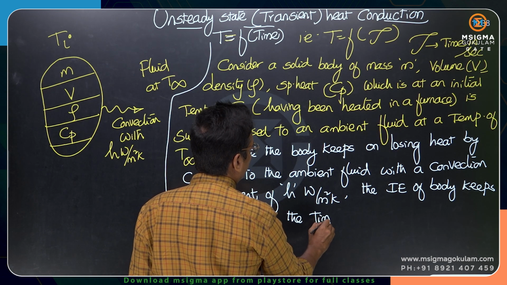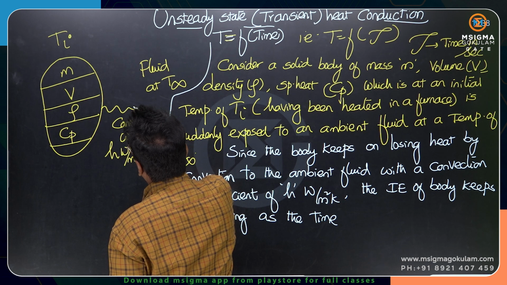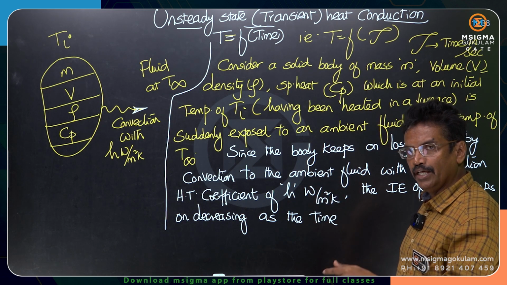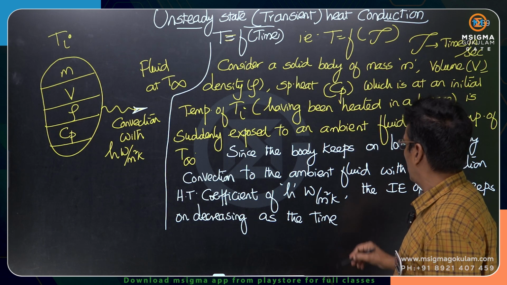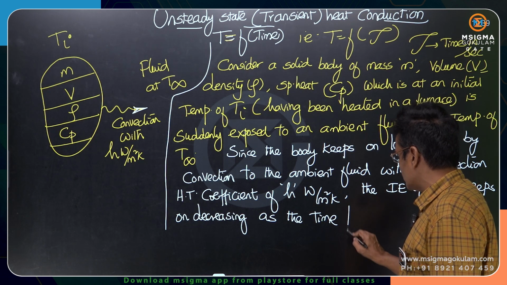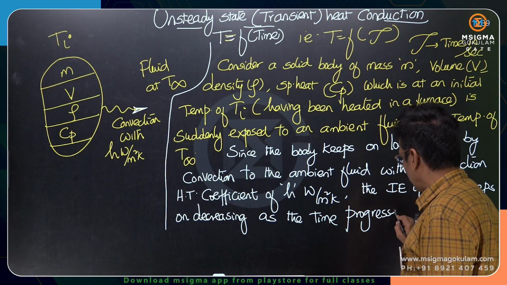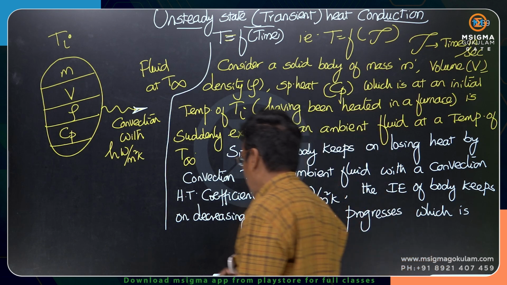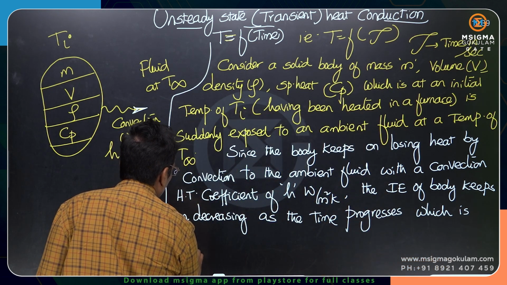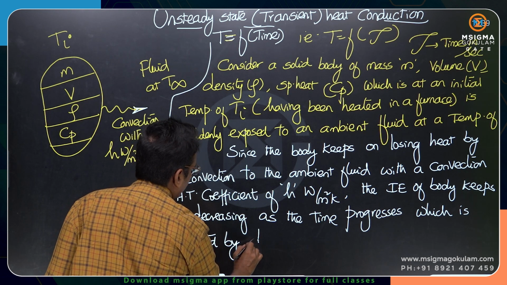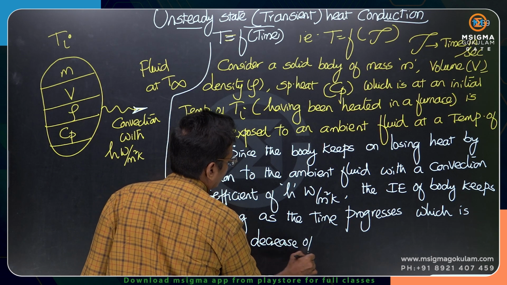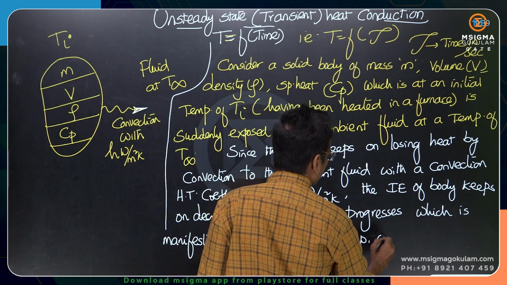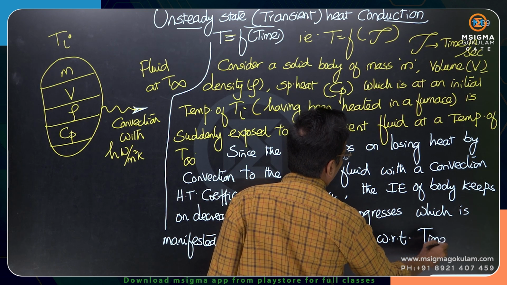The internal energy decreases because the body is losing heat from its surface. As a result of this convection heat loss, the internal energy of the body keeps on decreasing, which is manifested by the decrease of its temperature with respect to time.